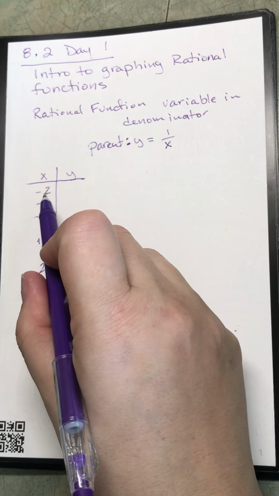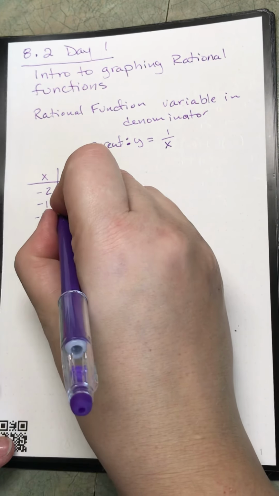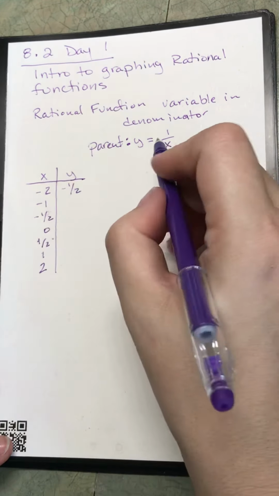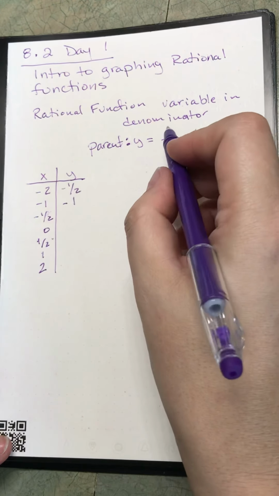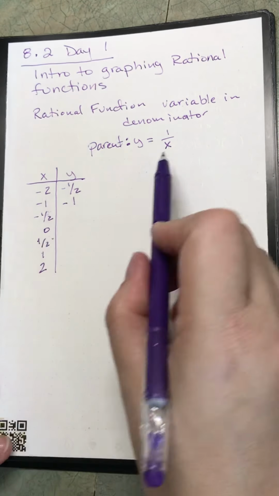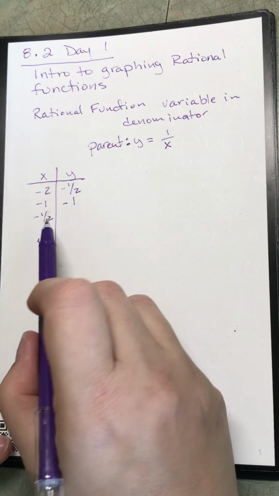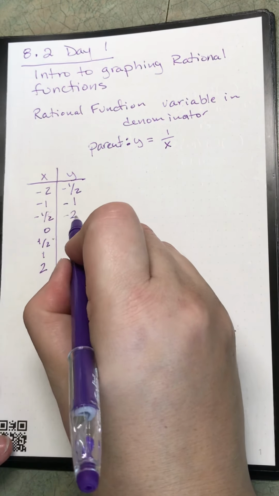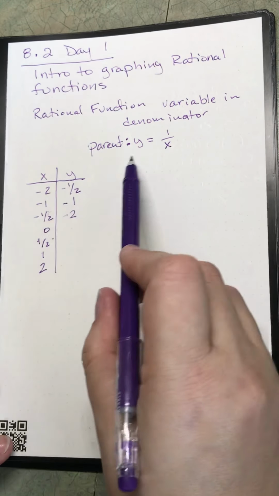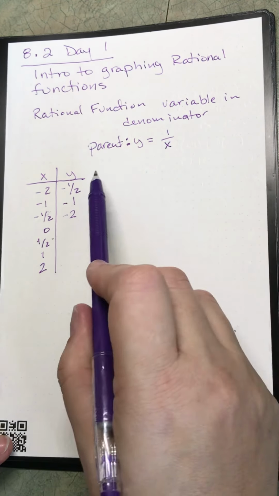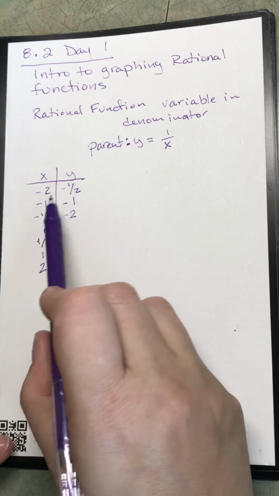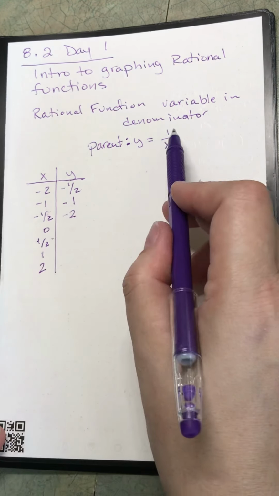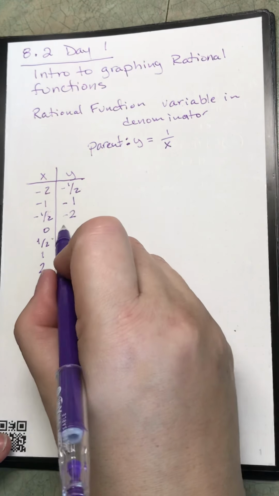So 1 over -2 is -1/2. 1 divided by -1 is -1. 1 divided by -1/2 ends up being -2. So you can see that what we're basically doing with this equation is finding the inverse of each of these numbers. 1 divided by 0 is undefined.